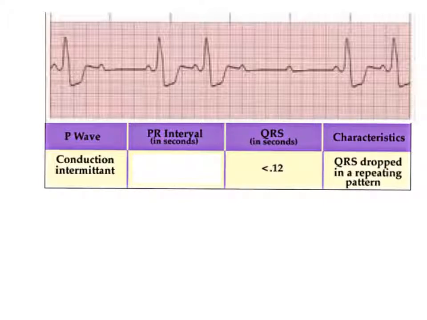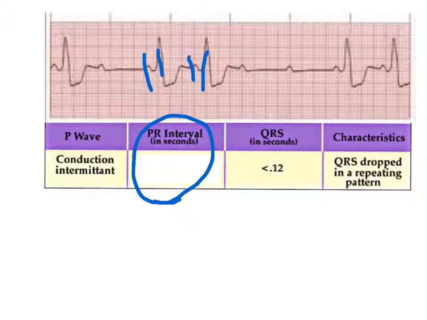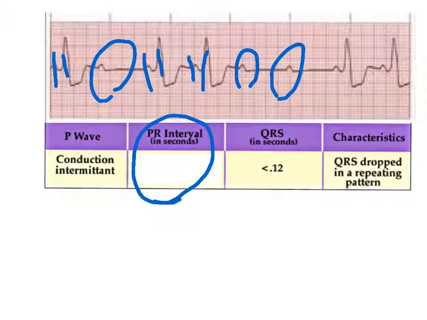So the rate itself is the first thing that would concern us in this case. And then the wide QRS shows that there is some delayed conduction. And so then you start looking at P's to QRS's. In this case, the PR interval is going to be constant when there is one. That's the same as that, the same as that. But there is no QRS there, or there, or there.